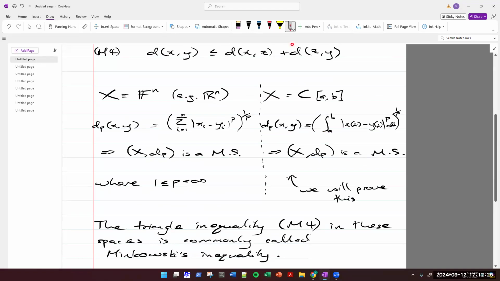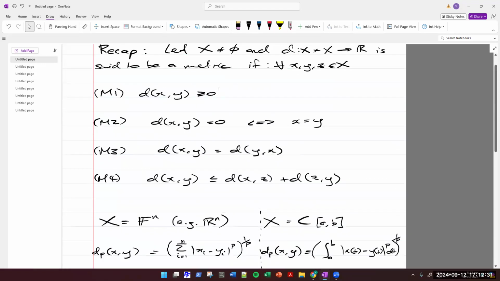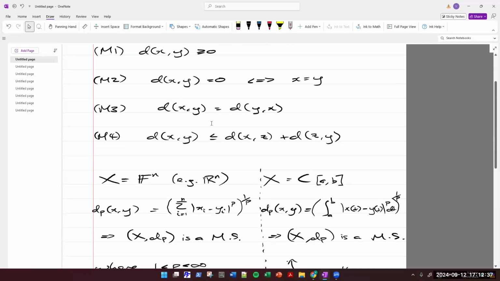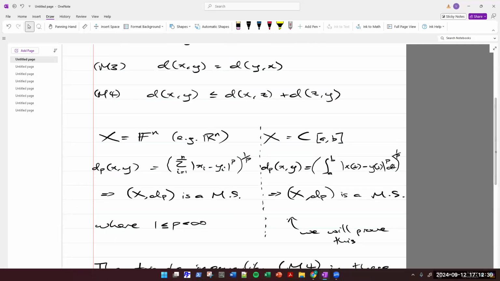So it's easy to check that this metric satisfies the first three properties. So I'll leave you to check those first three properties. What we're going to do now, now that we've proven Minkowski's inequality, we're going to show it satisfies this one now. Okay, so that's our target.